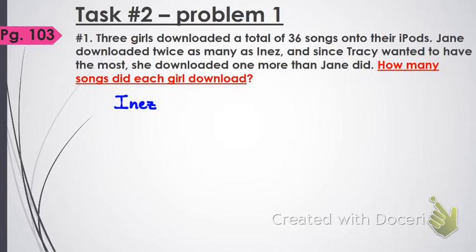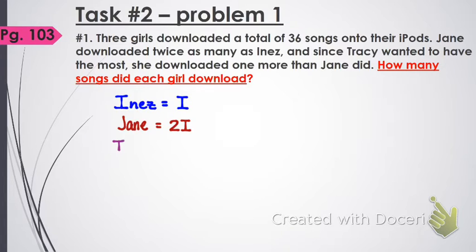So I'm going to let this be the variable that we use. What variable do you want to use for her? I. Sounds good. Who's the next girl they tell us about? Jane. How can I represent how many songs Jane has in relationship to how many songs Inez has? 2 times I. And then we still have Tracy, right?